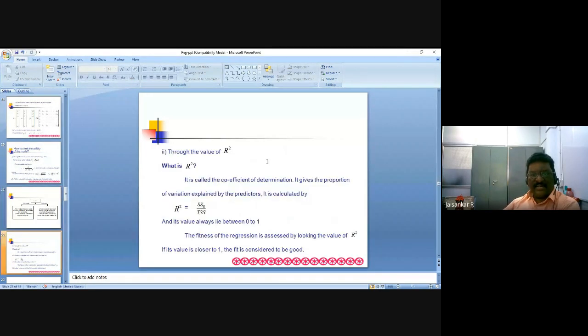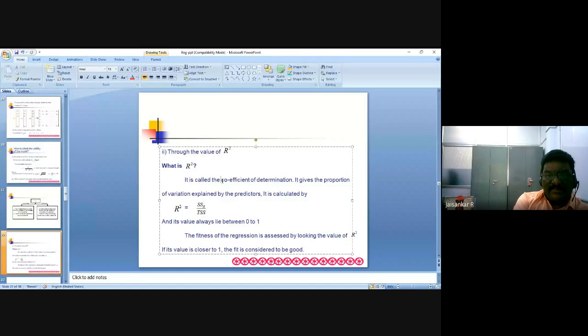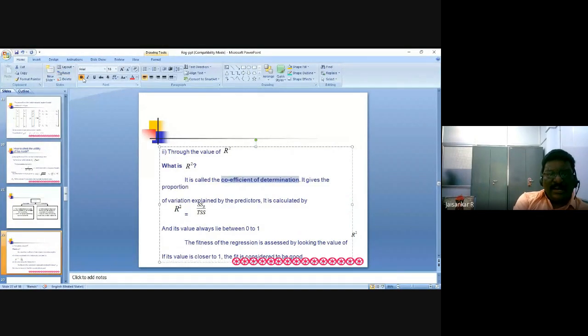We will see. Now, I told you about the coefficient of determination in the previous correlation coefficient class itself. Actually, I should not have told that in the correlation class, because the coefficient of determination is a different concept. It tells you the proportion of variation explained by the explanatory variables.